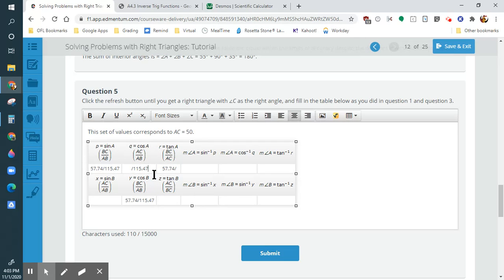The hypotenuse is the same for all of them. That's why I'm able to just do this quickly. And obviously these two are backwards. And that's 100. So this is at least easier to type in.